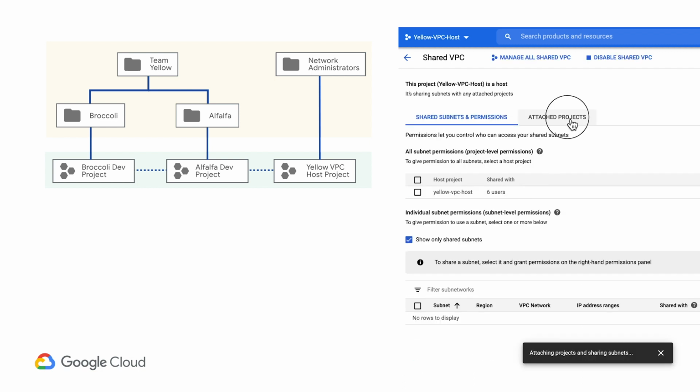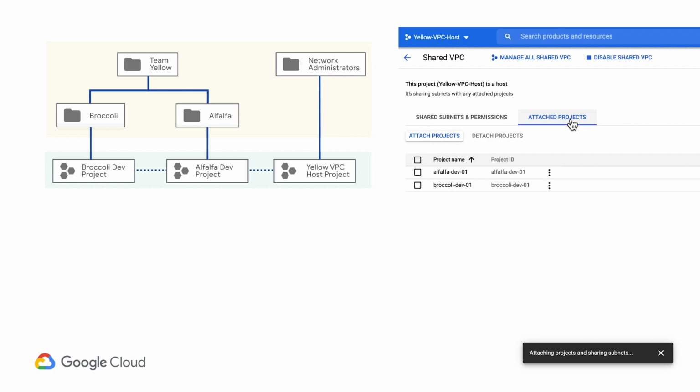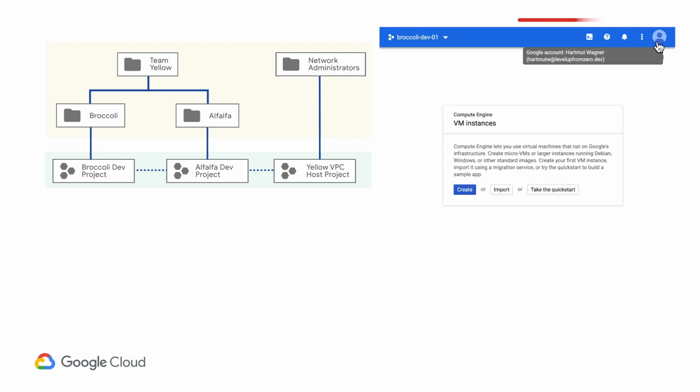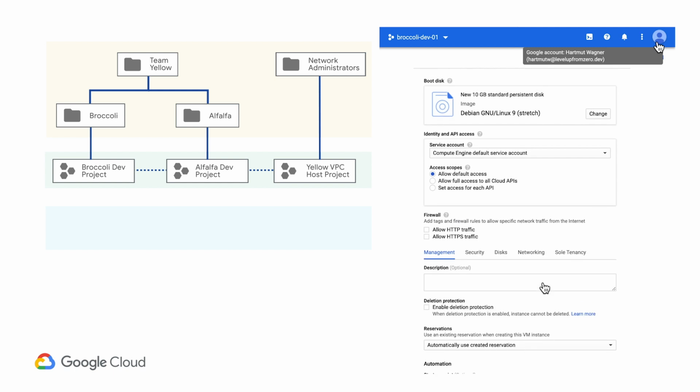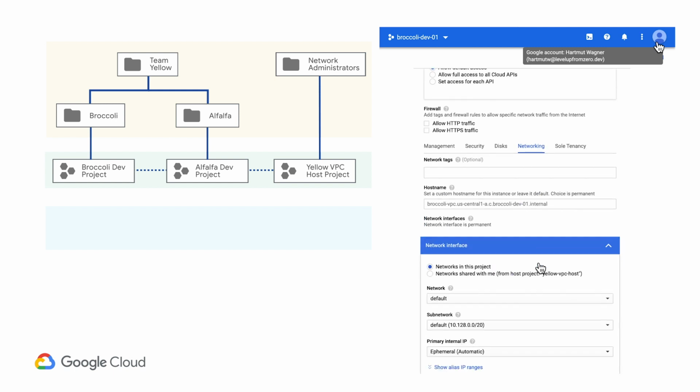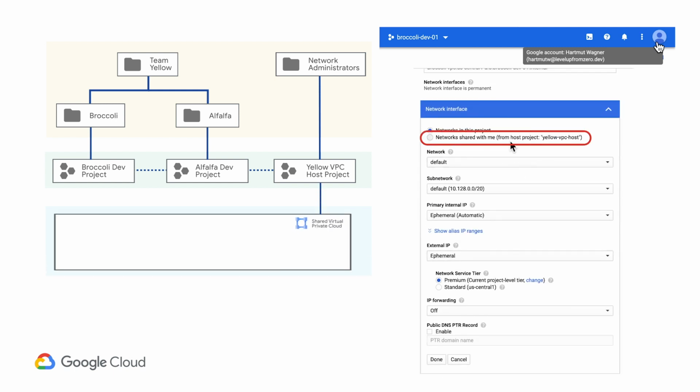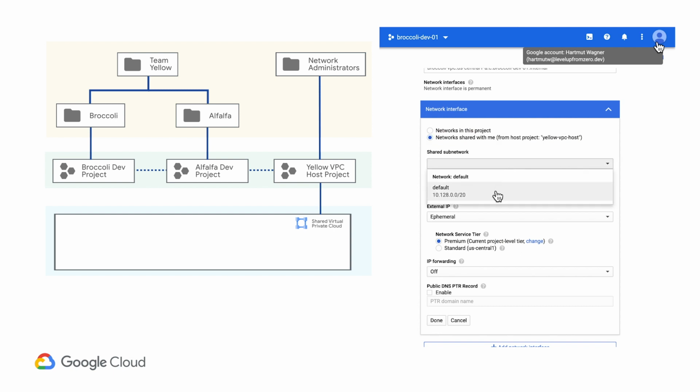In our organization, the network admins team will now let the developers know that everything is ready for cross-project communication. So switching back to an account on Team Yellow, let's create another round of VMs in the development projects. This time when we open the networking interface options, notice how we have this option for shared networks from the host project Yellow VPC host.